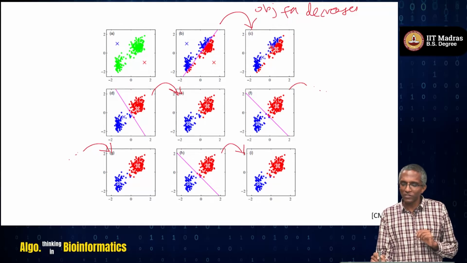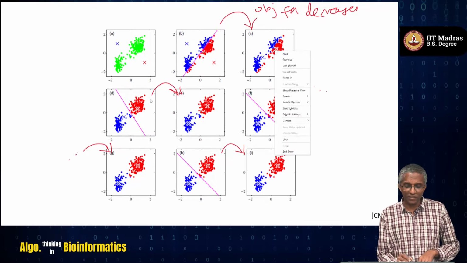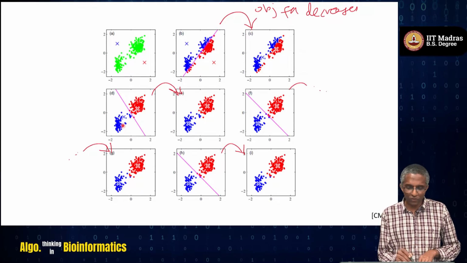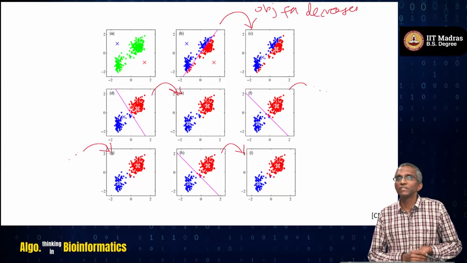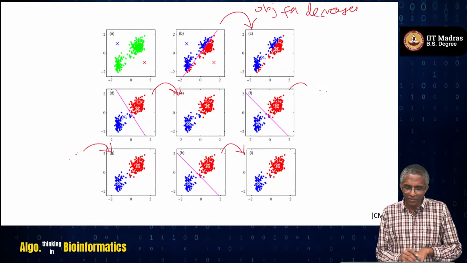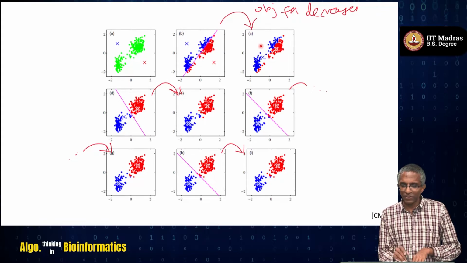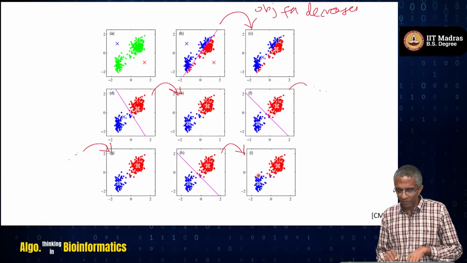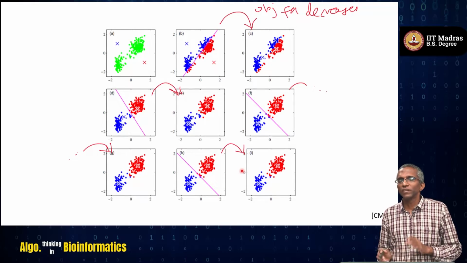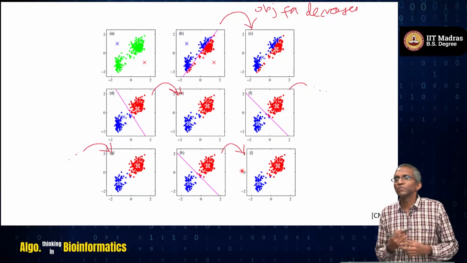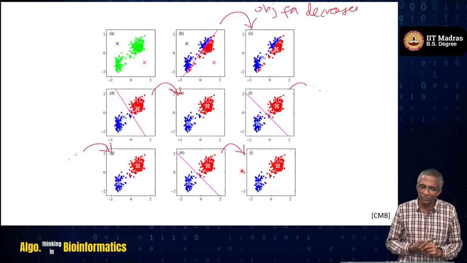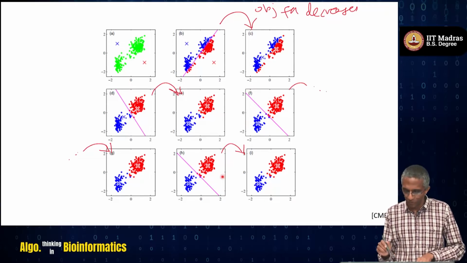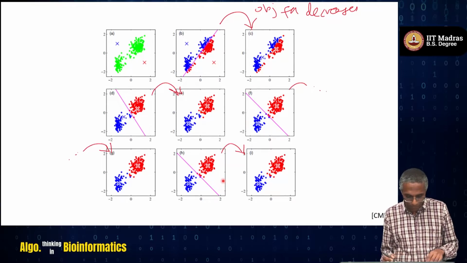So these blue points will be reassigned to the red center, and that also means that the objective function decreases. So at every step of assignment and update, the objective function decreases, and at the point that it does not decrease, you stop the algorithm, because convergence has happened. If convergence is not happening, the objective function is always decreasing.